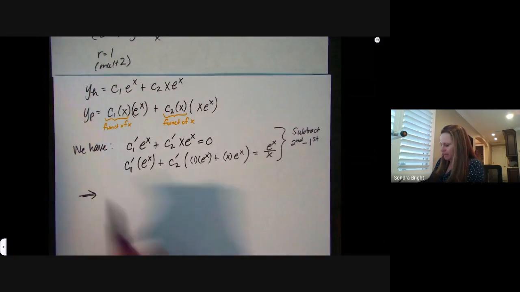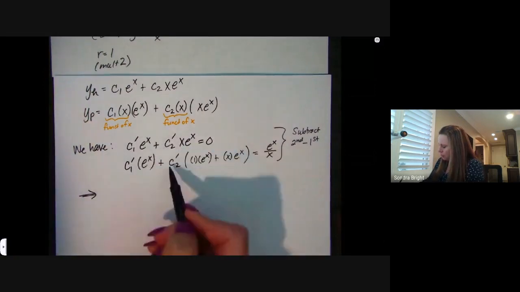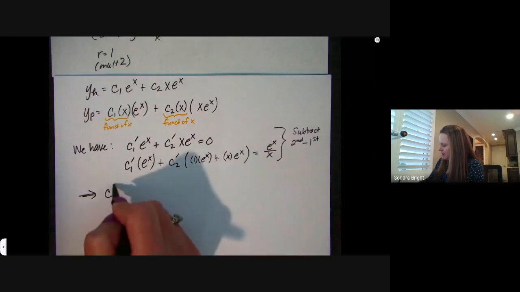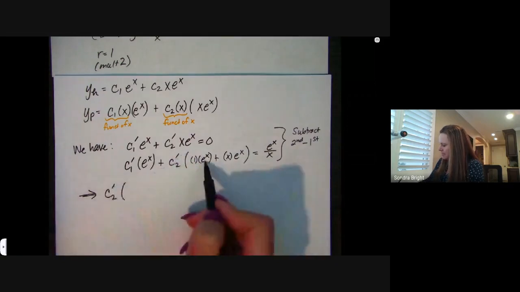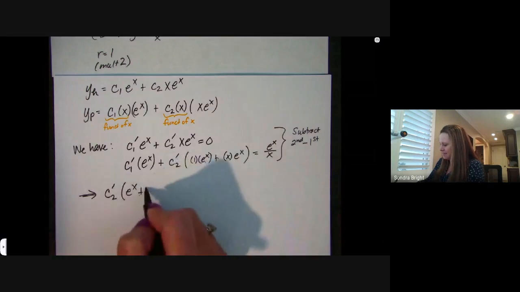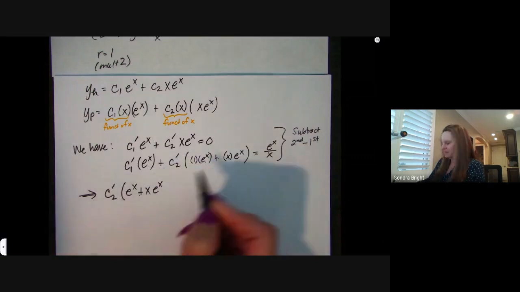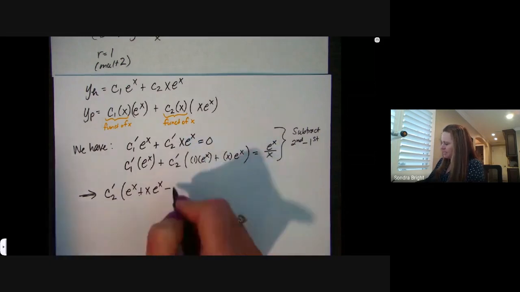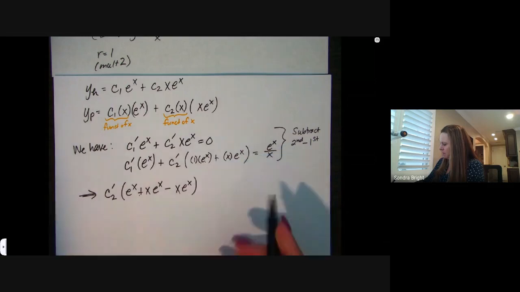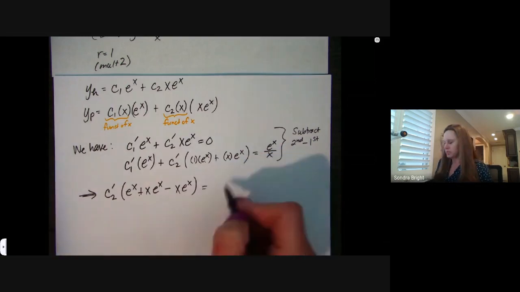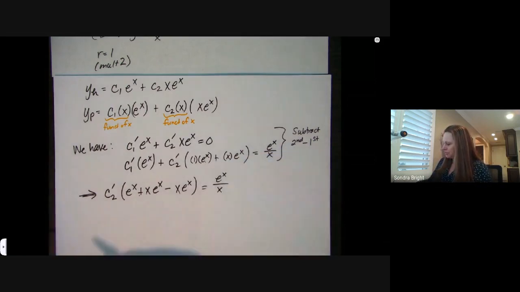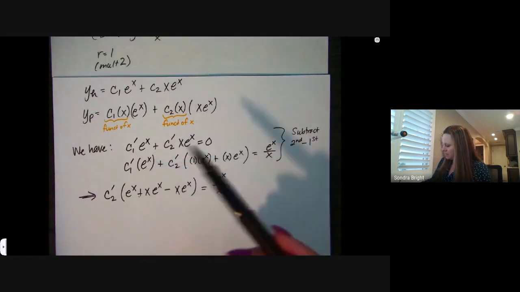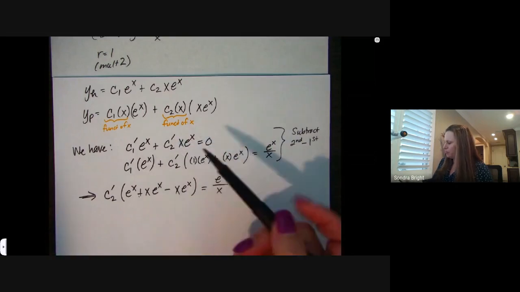I would have a C2 prime times e to the x plus x times e to the x, and then minus x times e to the x, and then equals e to the x over x minus 0. So that was just subtracting, I took the second equation and subtracted the first one from it. And if you notice, bye-bye.